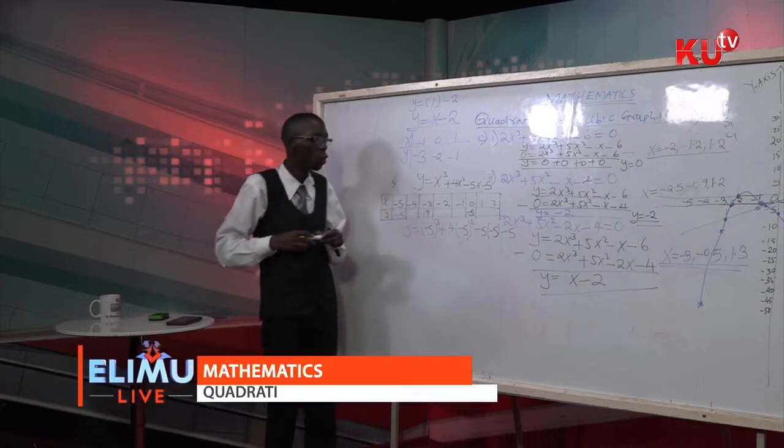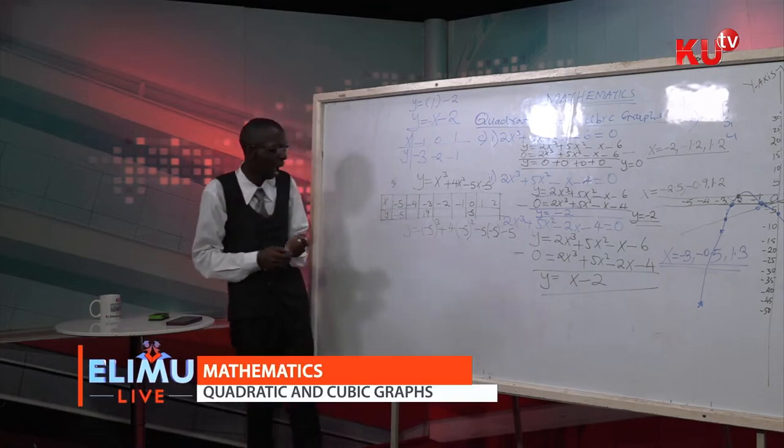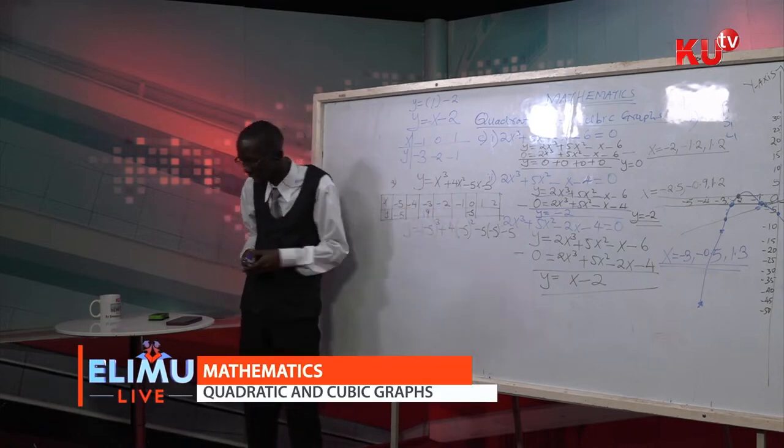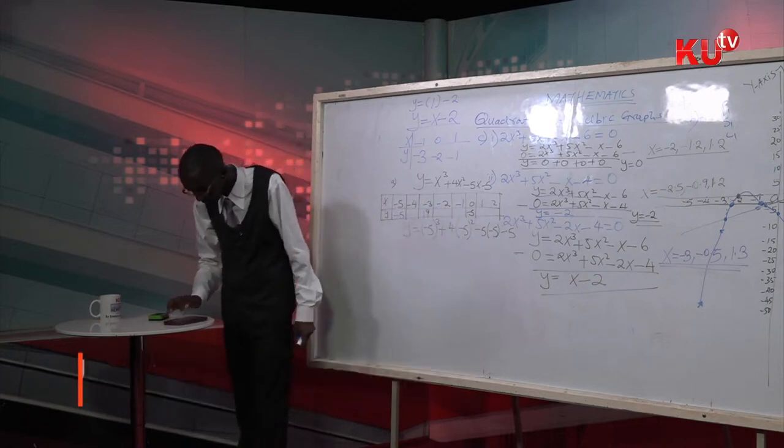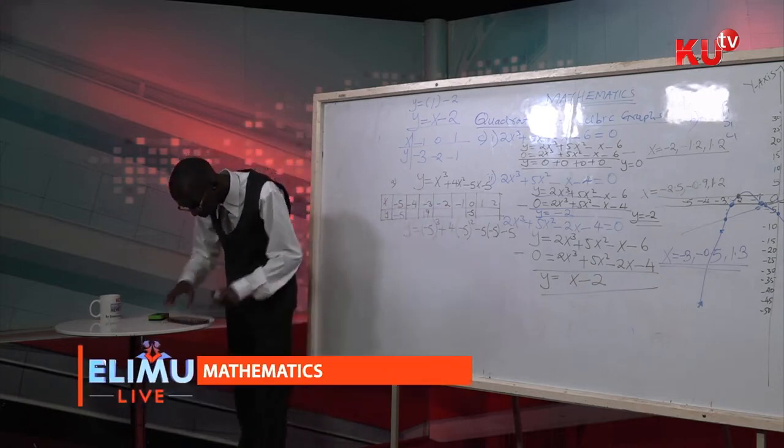My value is -5, so you come and write it as -5. So you don't have to draw the other table if the question does not give that table.